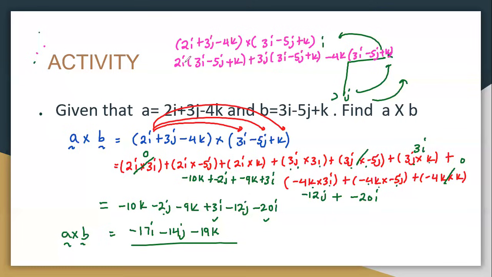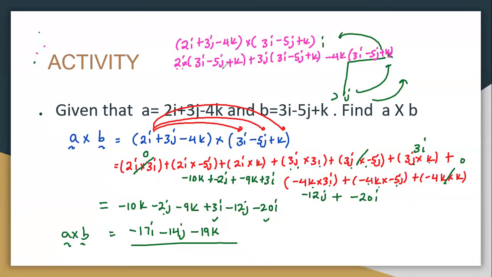Now we open. Remember, we are crossing. Do not forget that we are crossing here. So you say 2i cross 3i. Here you first look at the directions. I cross I. What do you get? It is a 0. Then you go to the next one. I cross J. What do you get?